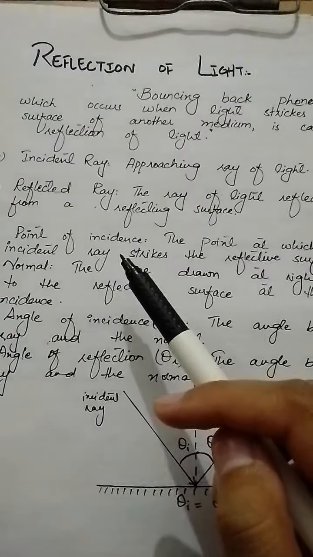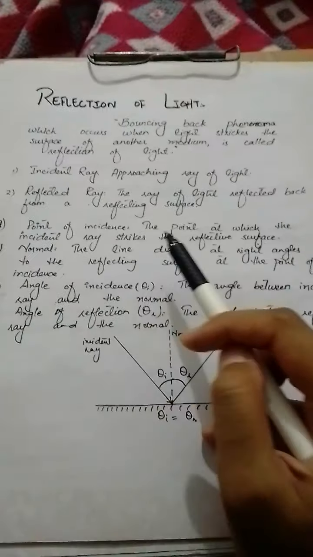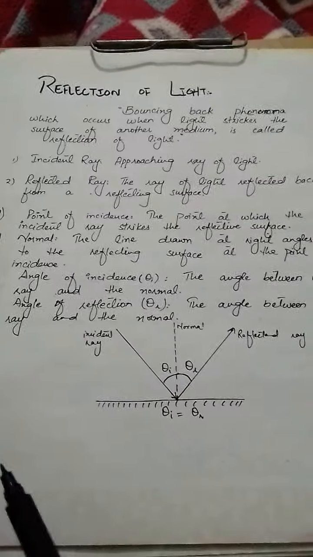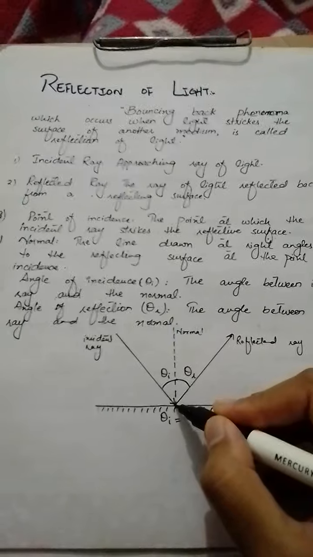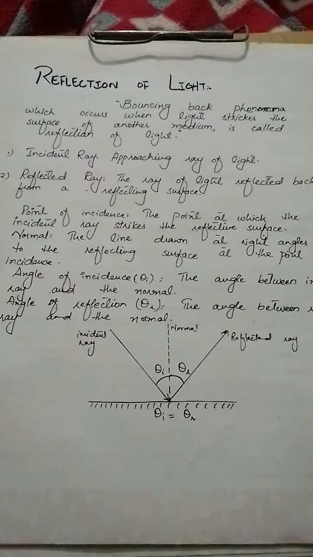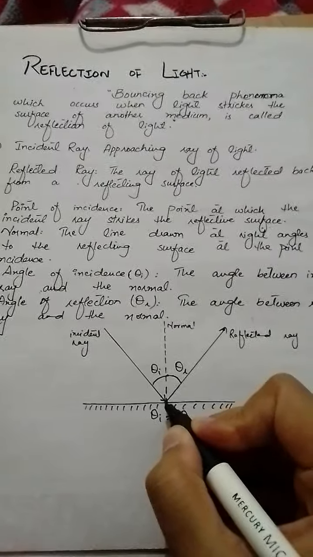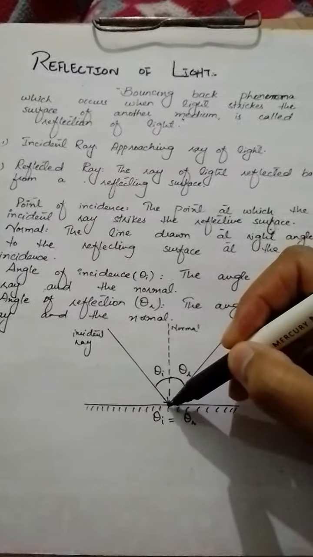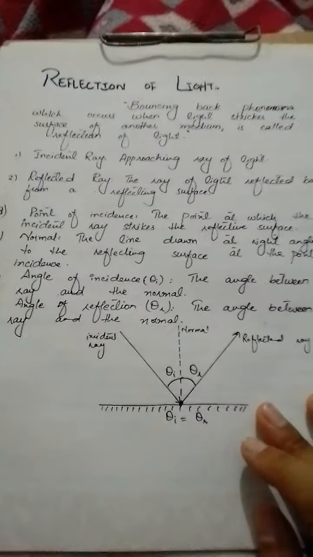The third one is the point of incidence, the point at which the incident ray strikes the reflective surface. Right at this point, where this ray meets the surface, is the point of incidence.